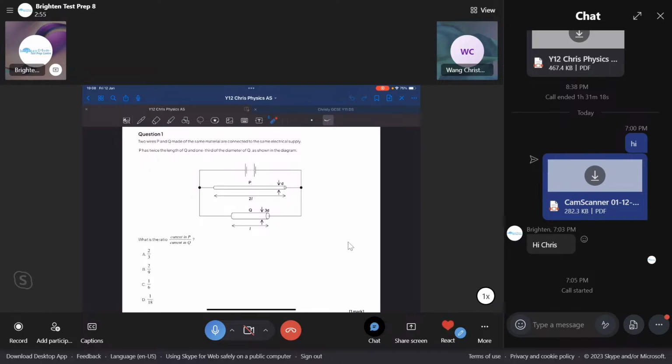And also the diameter is 1/3. Oh wait, 1/3. So that means 1/3 squared is 1/9. So then that would be 9 times 2 is 18. Okay, so it's 18 times the resistance of Q. Okay.